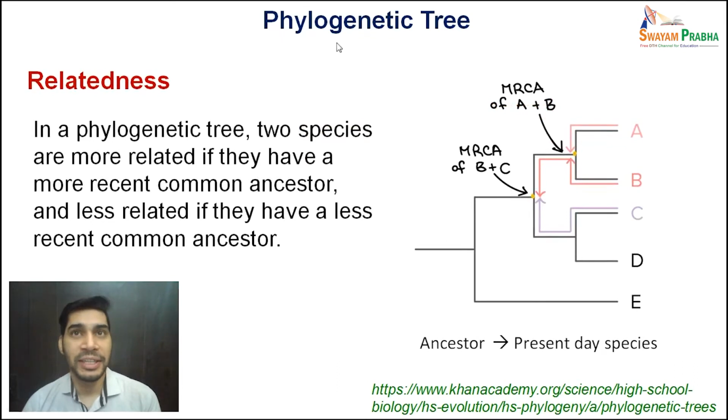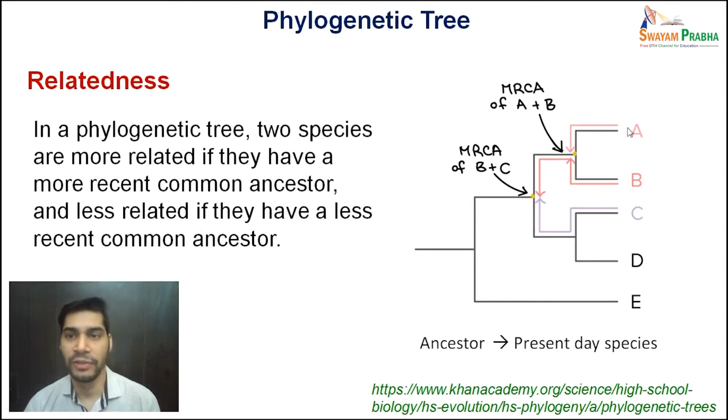The phylogenetic trees show the relatedness. Now what do we mean by relatedness? Let's see here in this tree. In the phylogenetic trees, if two species are more related, they will have a more recent common ancestor. Or in other words, they are less related if they have a less recent common ancestor.